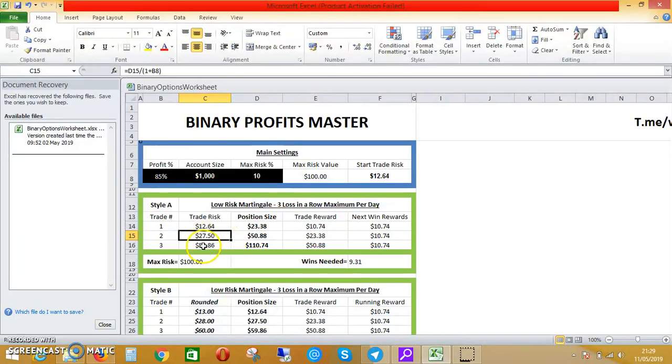Then if you lose this, you stake $59.8 as the third trade. That's the third bar in case level 1 and level 2 lose. And this is what we have. If you lose these 3, the maximum risk is $100.